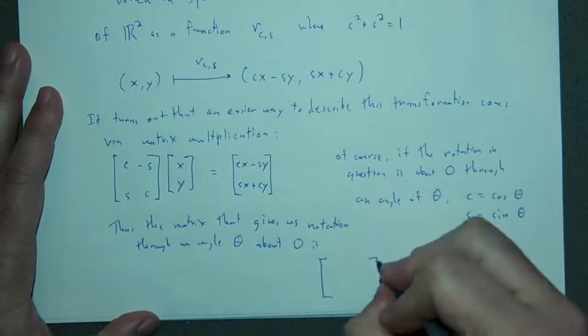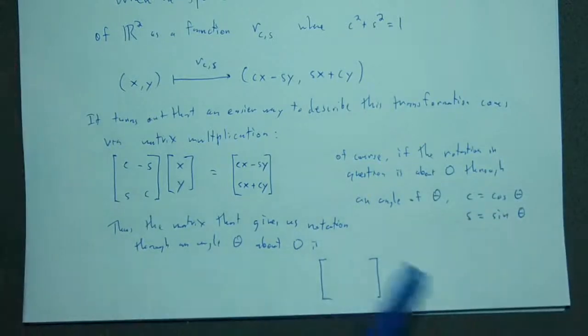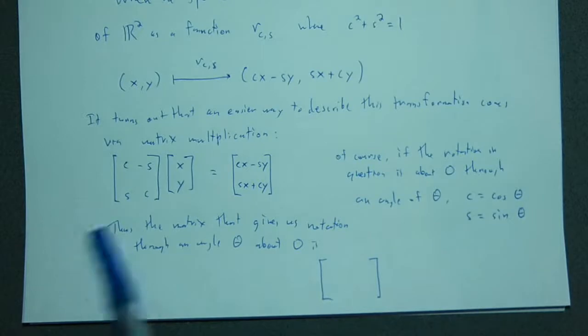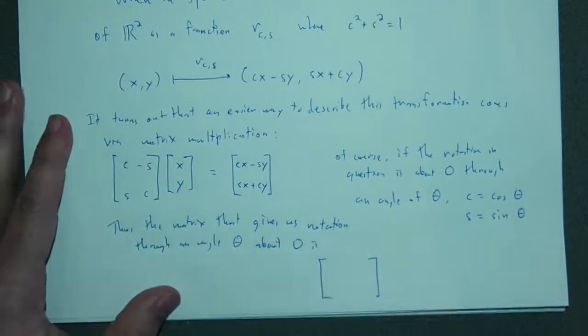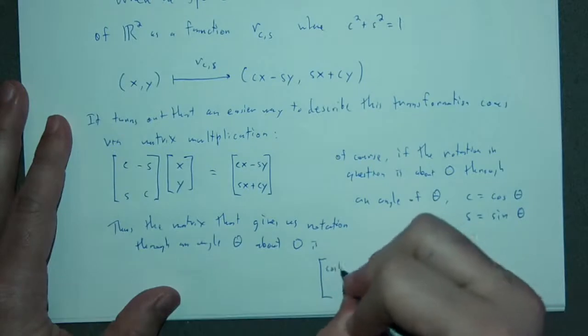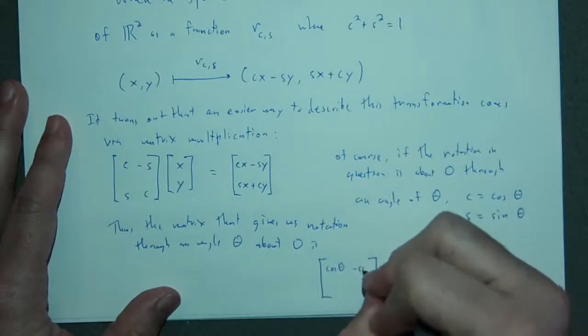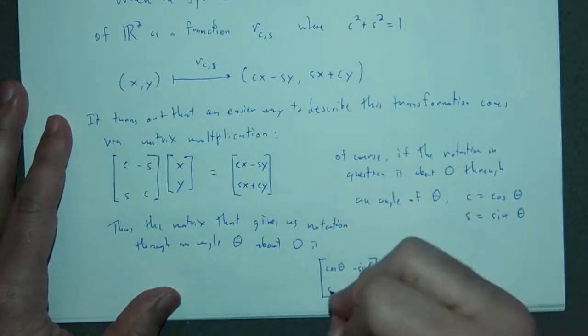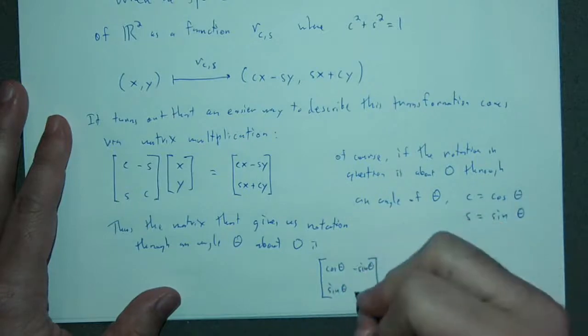and what we mean by the matrix gives us is, once I know the matrix, then the transformation in question is just multiplying on the left by the matrix. So this is the matrix with rows cosine theta, minus sine theta and sine theta, cosine theta.